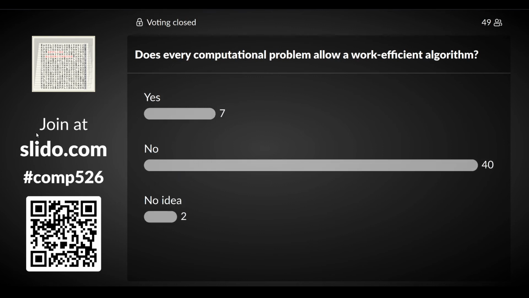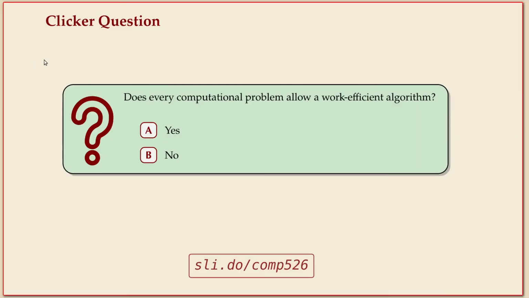All right, so it seems the majority is convinced. And wrong. I don't enjoy this as much as it sounded. But let me explain why you were wrong. It's probably how I posed the question, partly. The question is, does every computational problem allow a work-efficient algorithm?